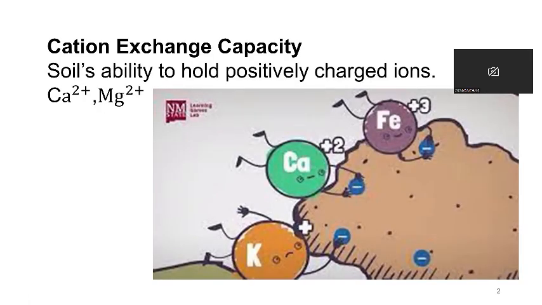Cation exchange capacity means the soil's ability to hold positively charged ions like calcium 2+, magnesium 2+, potassium 1+, and so on, because soil particles contain various types of organic material and hold negative charges. So they can attract positive ions. That is the cation exchange capacity.